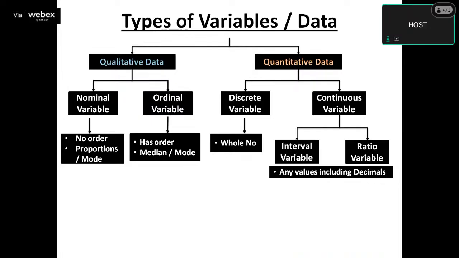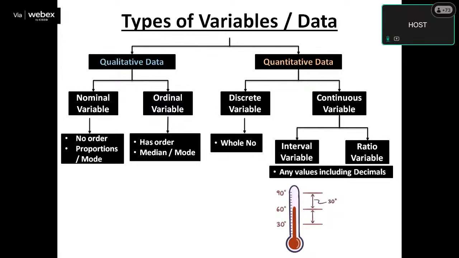The continuous variable is of two varieties, the interval variable and the ratio variable. An example of an interval variable is temperature, if we measure it in centigrade, Celsius or Fahrenheit. The difference of two values is a meaningful value. For example, 90 degrees centigrade and 60 degrees, the difference is 30 degrees centigrade.